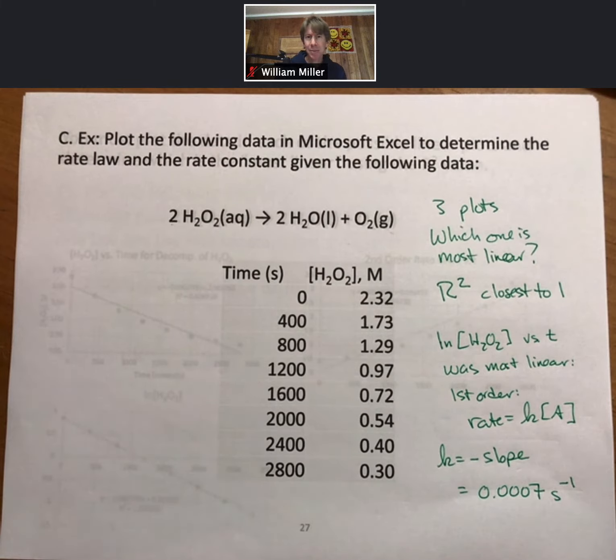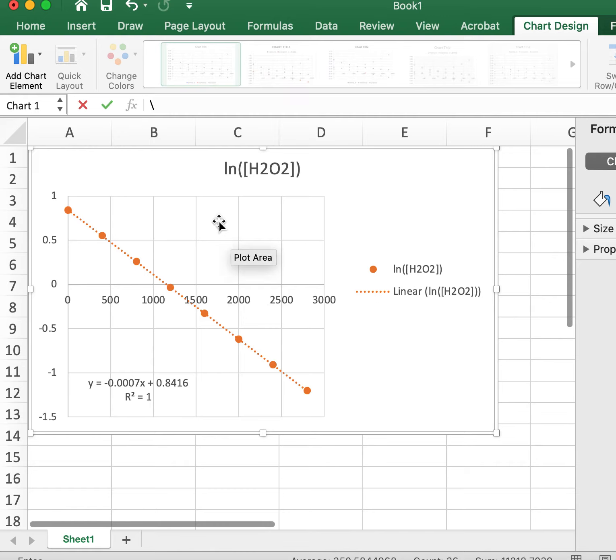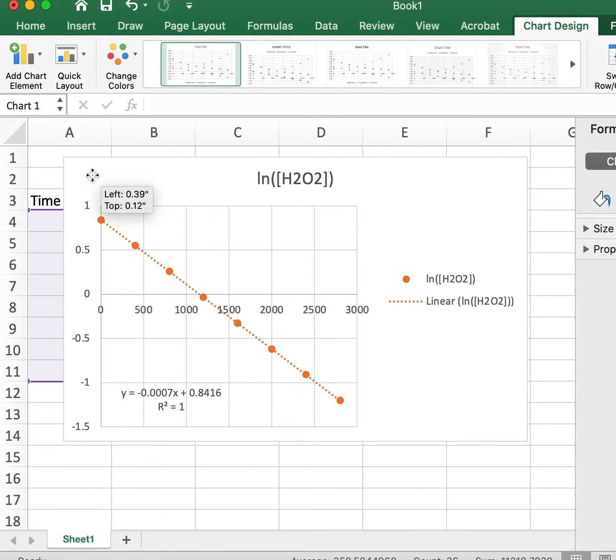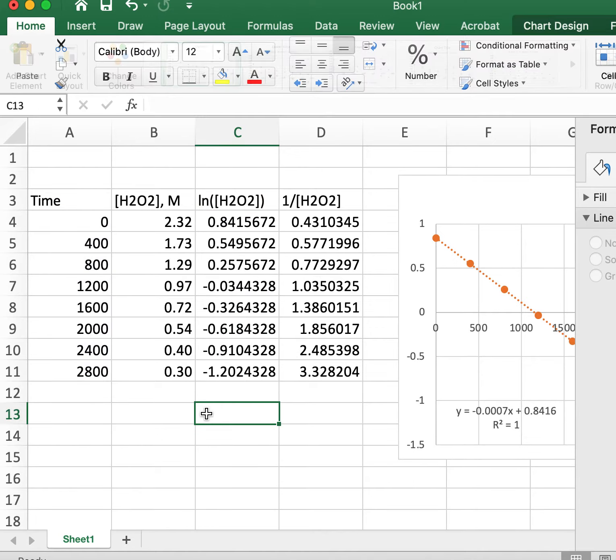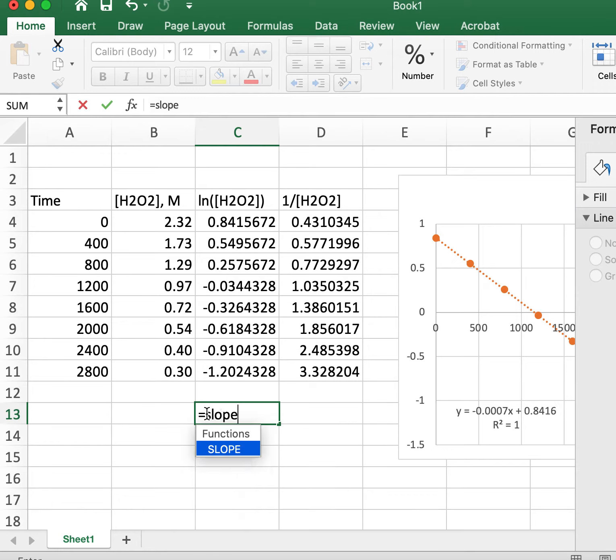I'm not really happy with 1 sig fig there, so I'm going to go back to Excel. I'm going to move my nice plot here, which I do need titles and things on. And I can see that the only data now being plotted is my natural logarithm versus time. And I want a better value for k, for the slope of this. So I'm going to type in equals slope and open a parenthesis.